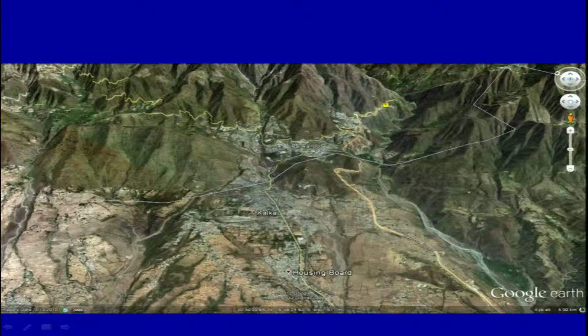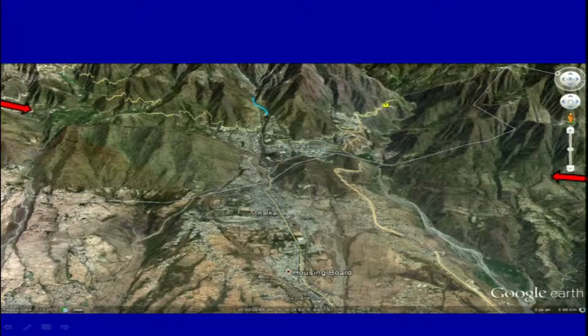So, the fault trace is here between those two arrows, and if you see, the town of Parmanu is very much close to the fault. Further, another close up of that. So, the fault runs here, and I will just mark the offset here of the stream which is flowing.